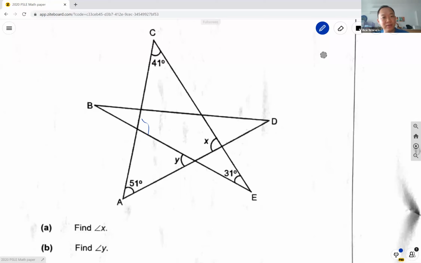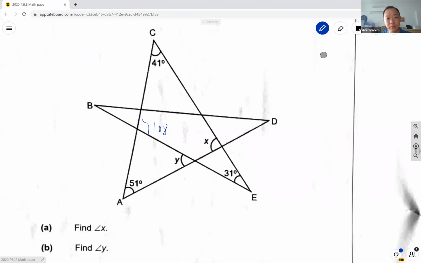So first one, let's find all angles. That's what I do, 41, 80. So we got to use a calculator here. Minus 41, take away 31. It's 108, right? So this angle is 108 degrees. So what else? To find x.